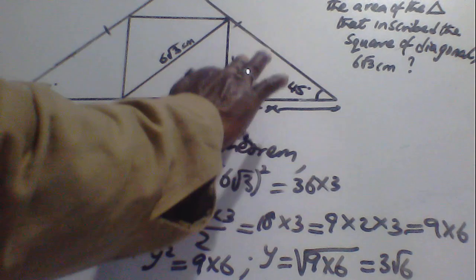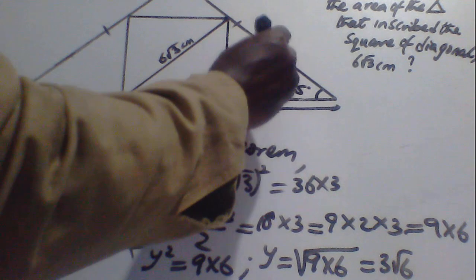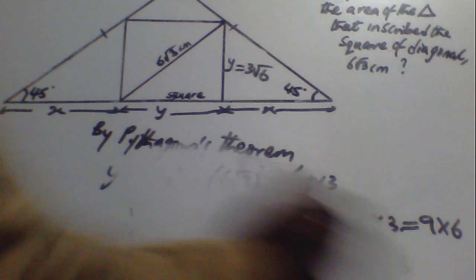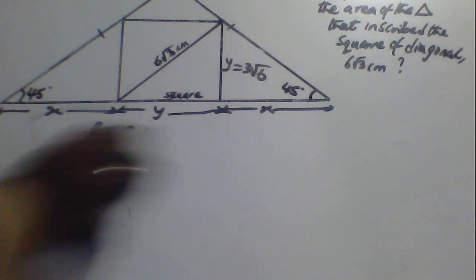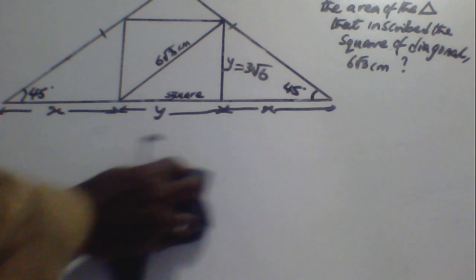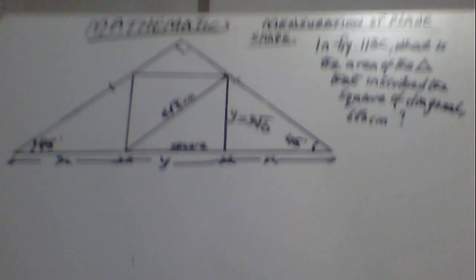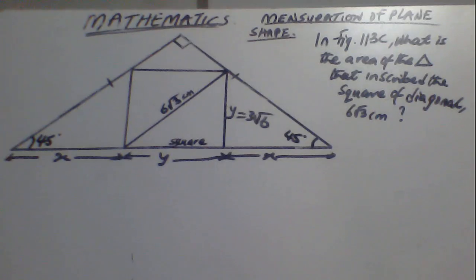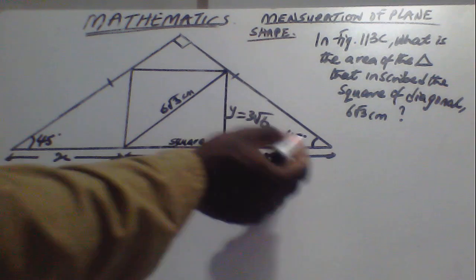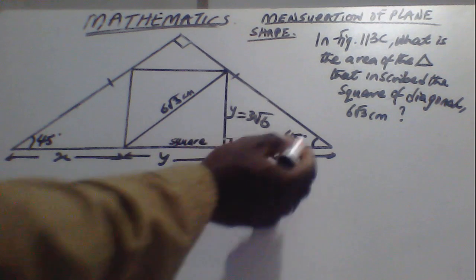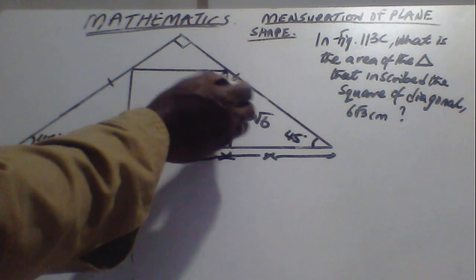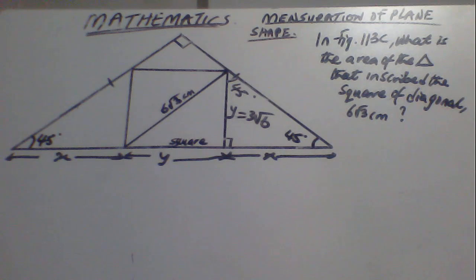This is equal to 3 root 6. So I can clean here. The next thing is to notice that the opposite triangle that forms adjacent to the square is also a 45 right angle triangle. Here is 45, here is 90 degrees. If here is 45, here will also be 45 degrees. What do I mean?